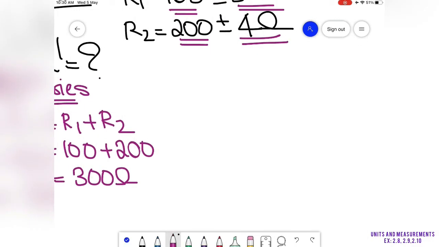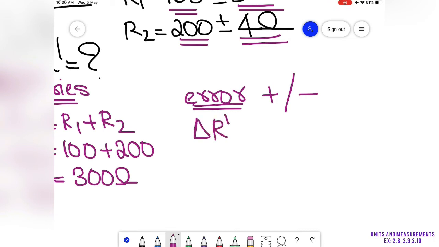But what about the error part? In the case of subtraction or addition, how do you find out? We have to add the errors. So delta R dash, the equivalent resistance error here, is delta R1 plus delta R2. The error of the first resistance is 3 ohms.